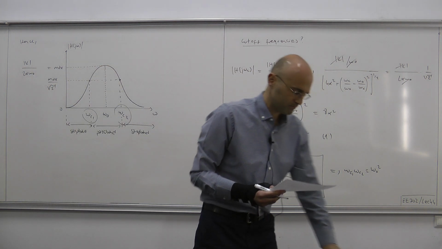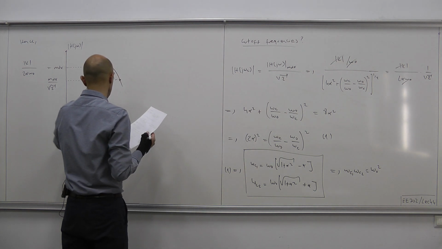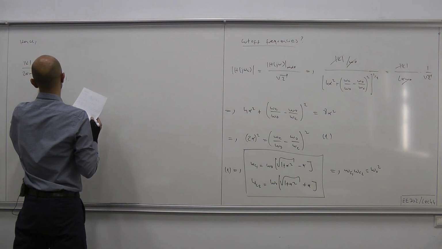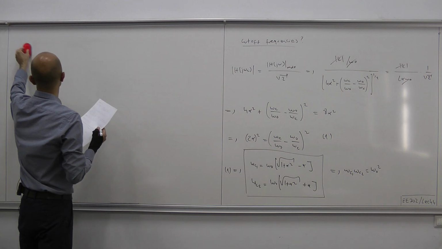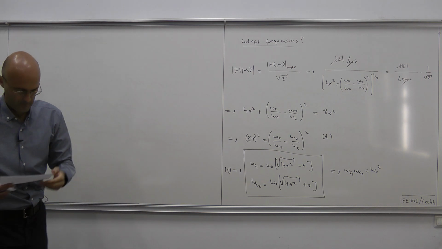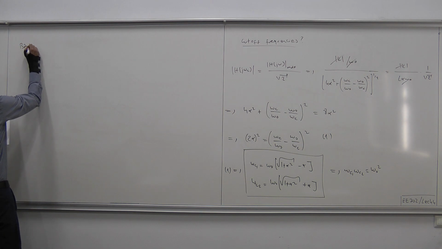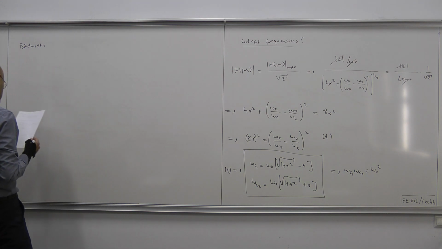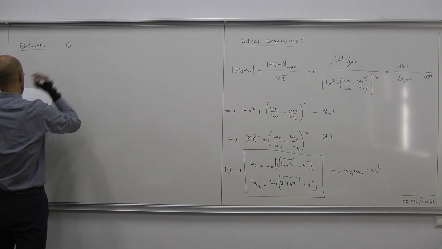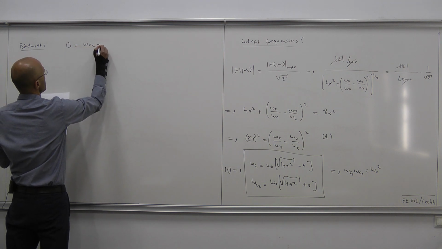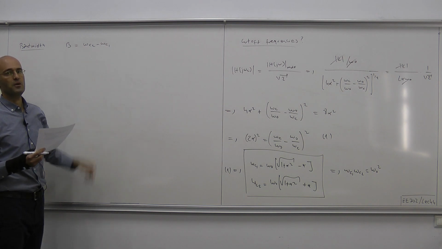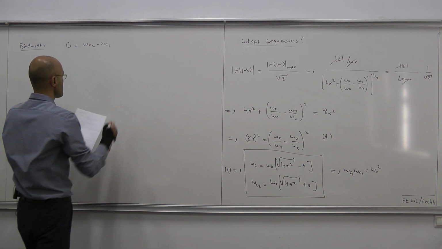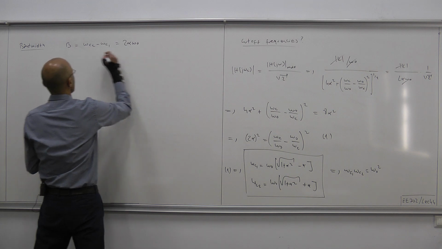So let's put that down: the bandwidth of our second order bandpass filter equals omega C2 minus omega C1, the difference between the two cutoff frequencies, and the cutoff frequencies are computed here, and that produces 2 alpha omega 0.